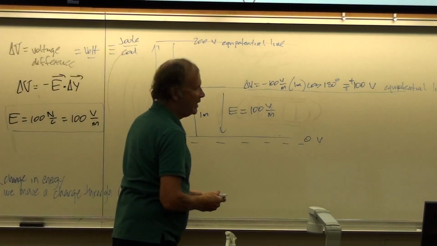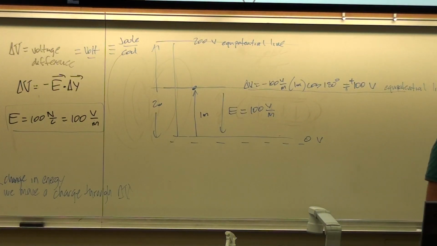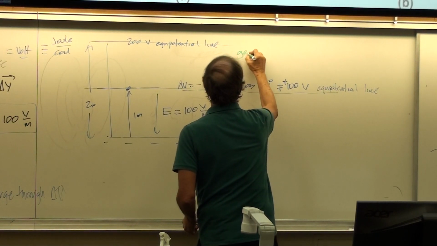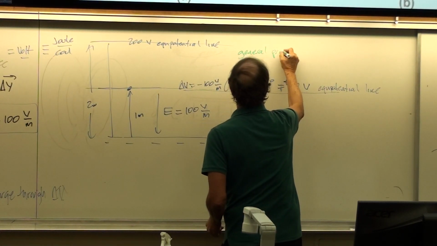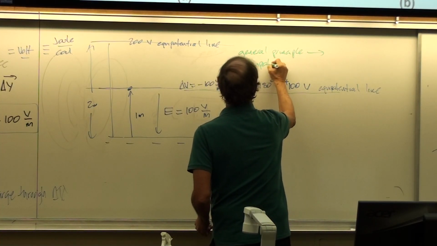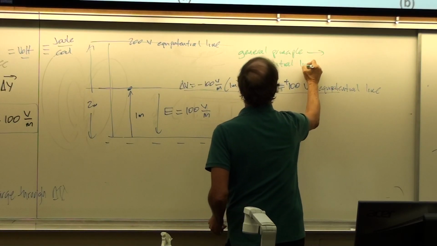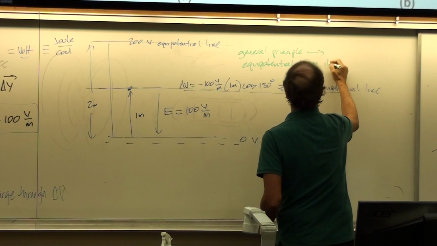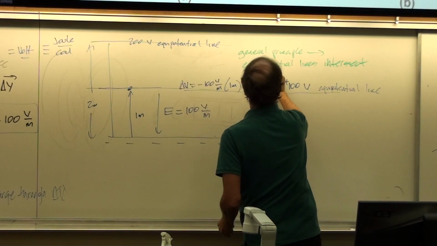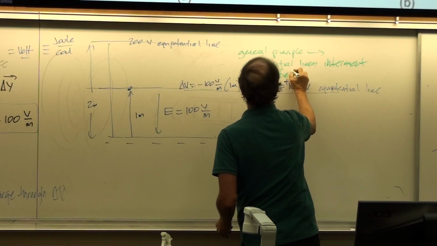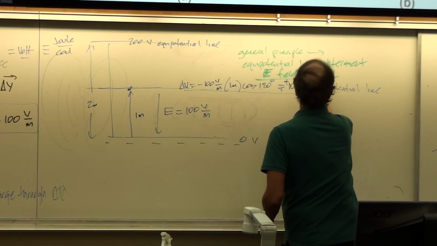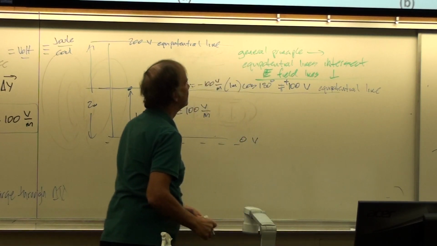We also notice that the equipotential lines always intersect the electric field at a 90-degree angle. So this is a general principle. They always intersect at a 90-degree angle.